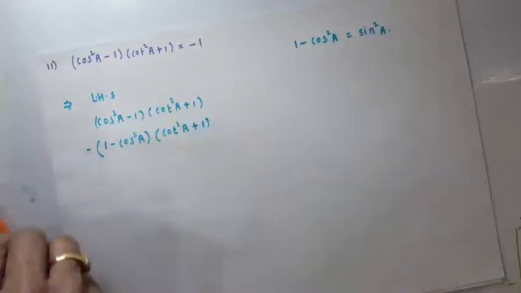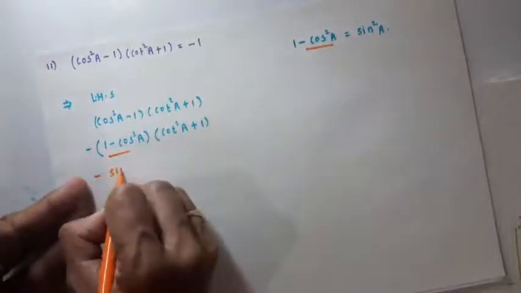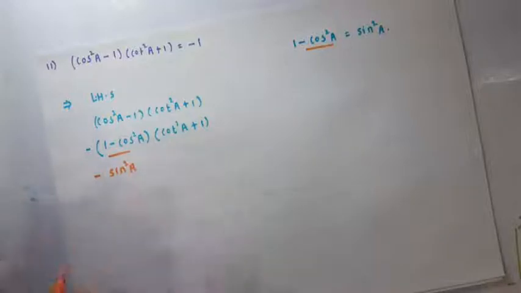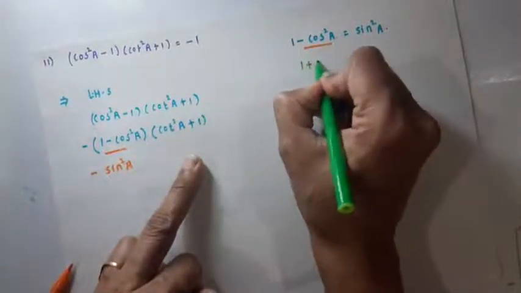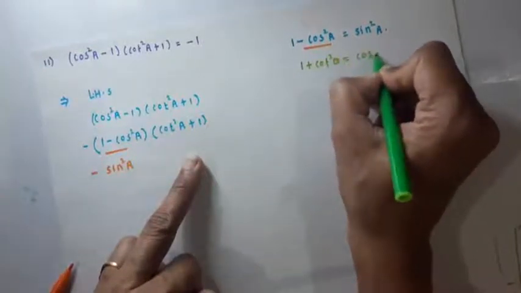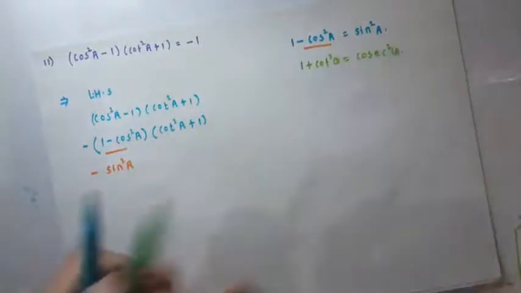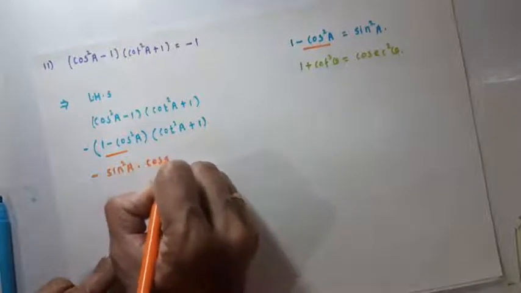By using this, 1 minus cos square A is sine square A. And students, we have the formula 1 plus cot square theta equals cosec square theta. So 1 plus cot square A is cosec square A.